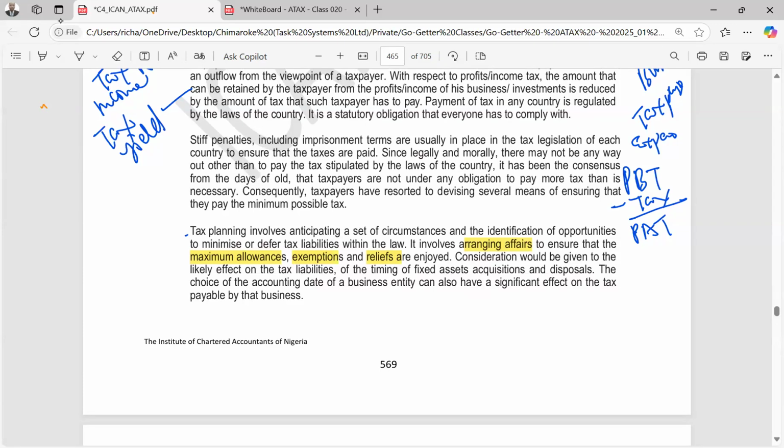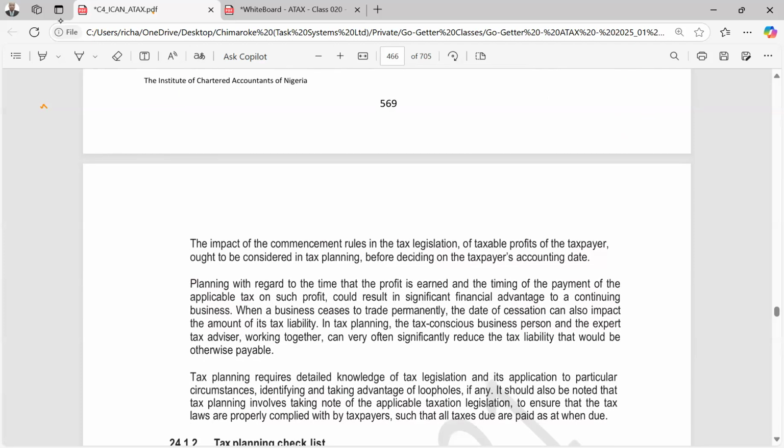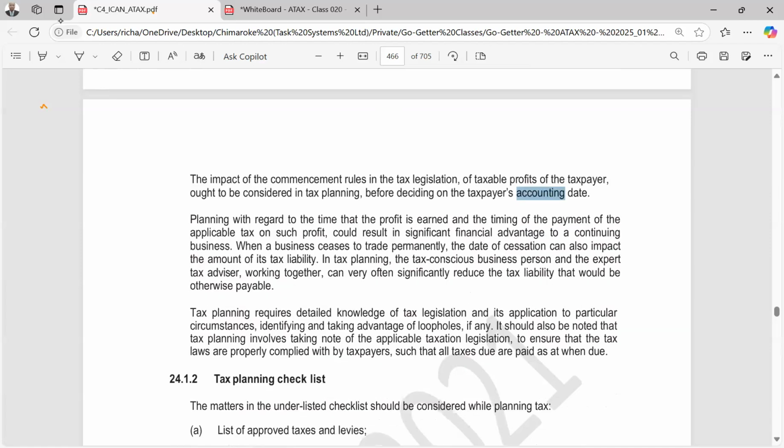Right, so that's it. Then we also have the impact of commencement rule. We've talked about commencement rule, change of accounting dates. Then we also have planning with regards to the time that profit is earned and the time of the payment of the applicable tax on such profits.